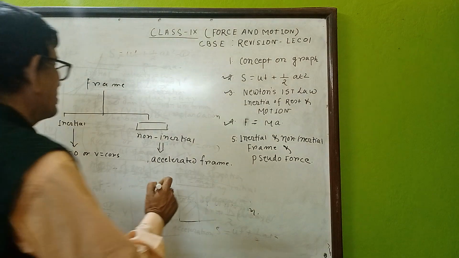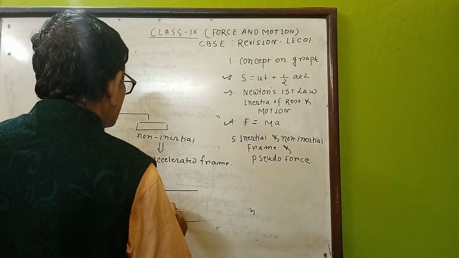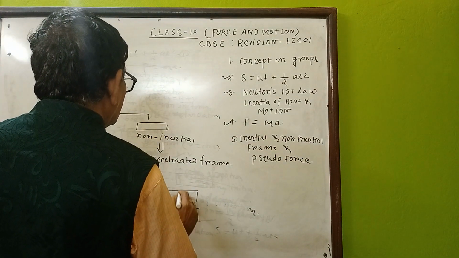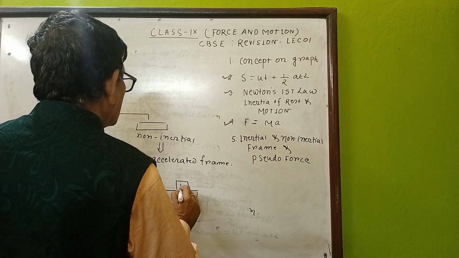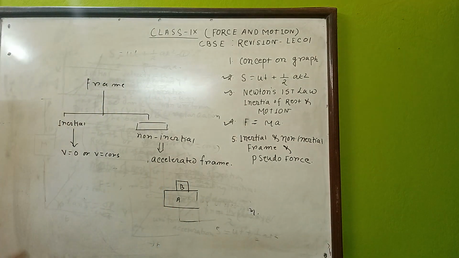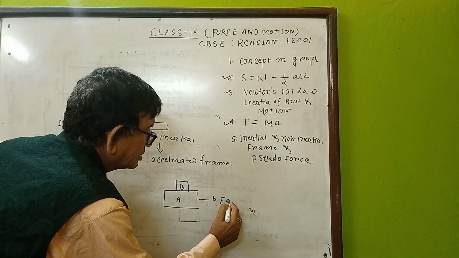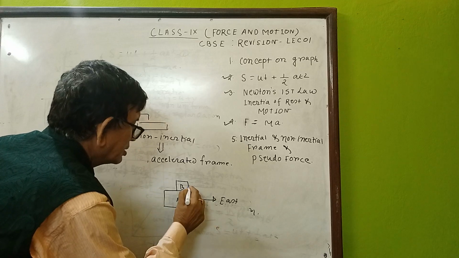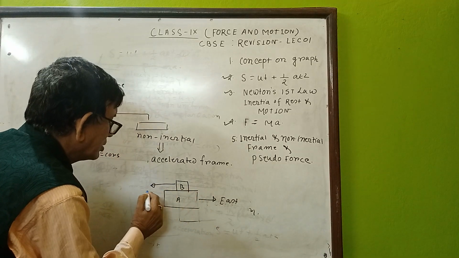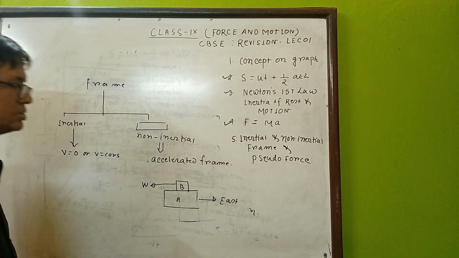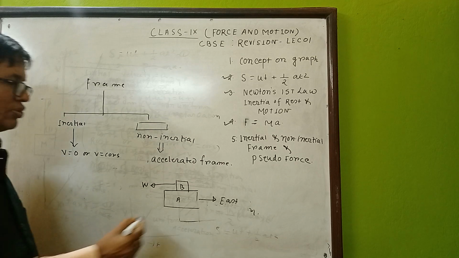As for example I am giving you, suppose this is the body A, B is another body on A, two blocks. Now A is moving towards east, then B will move towards west due to pseudo force.